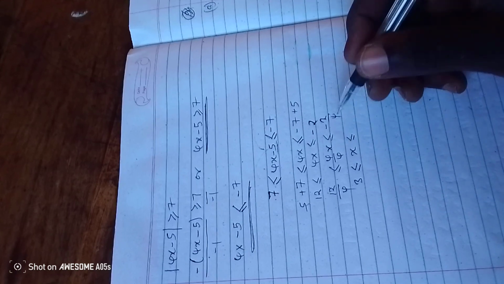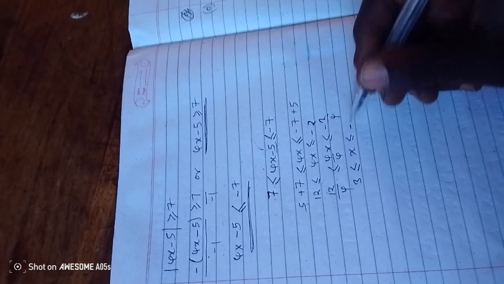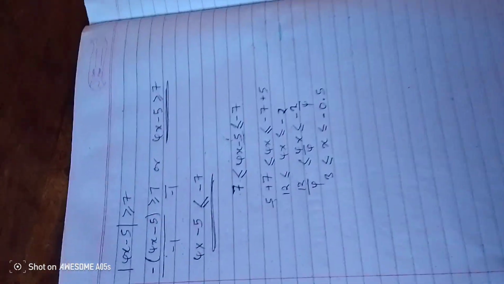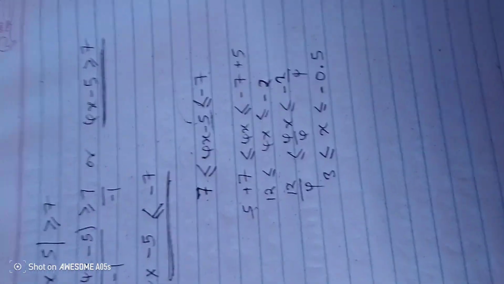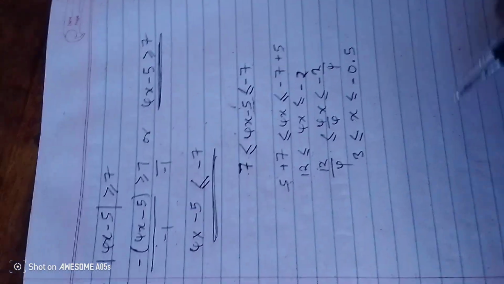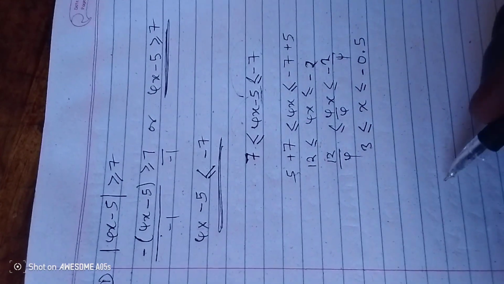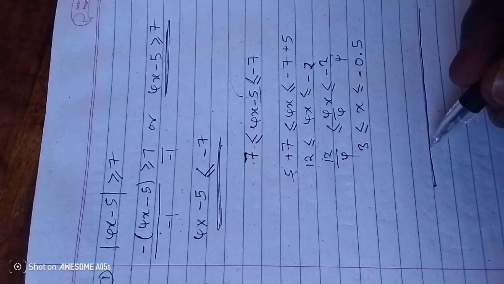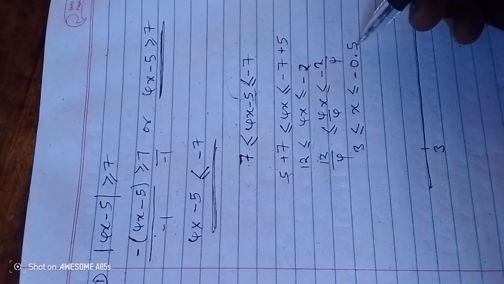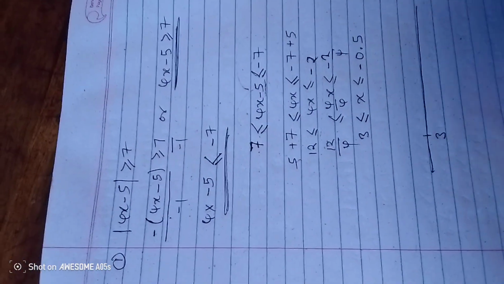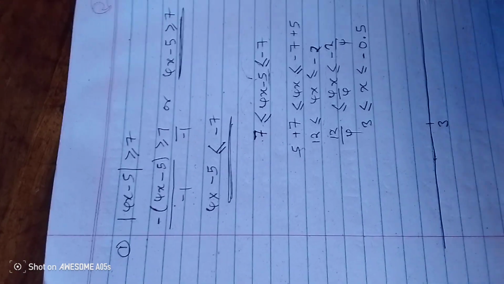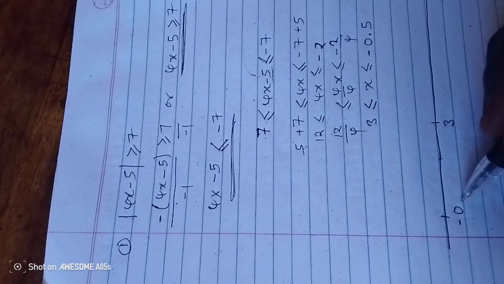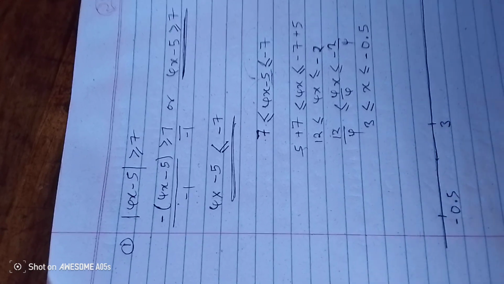Then we are having negative 0.5, or just a half. So this is where we are. On the number line, we have a 3, which goes to this side, and then negative 0.5.